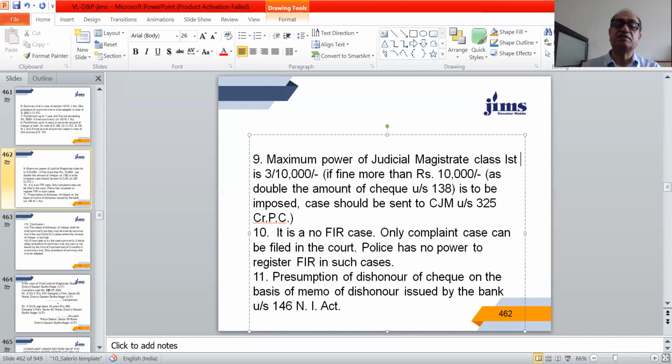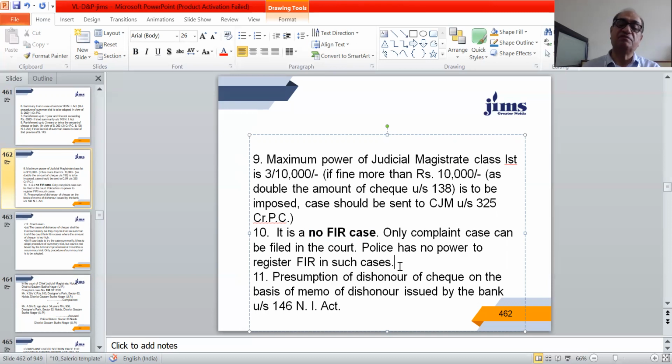Then rule number 10, dear students, is that this dishonor of check under section 138 Negotiable Instrument Act is a no FIR case. I will highlight it. It is a no FIR case. Only complaint case can be filed in the court concerned, and police has no power to register FIR in such cases.